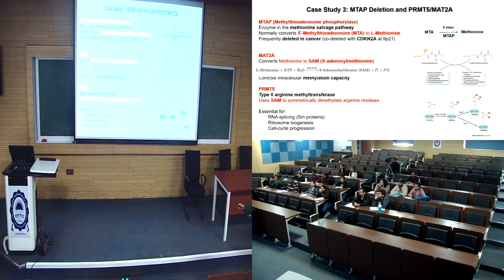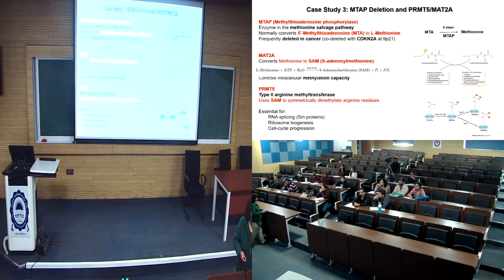So once again, MTAP is involved in methionine formation. MAT2A is involved in SAM formation from methionine. Now PRMT5 is a methyltransferase which uses SAM to put the methyl group on different substrates. Make sense? Now this is PRMT5. So P stands for protein, R stands for which amino acid is denoted by R?